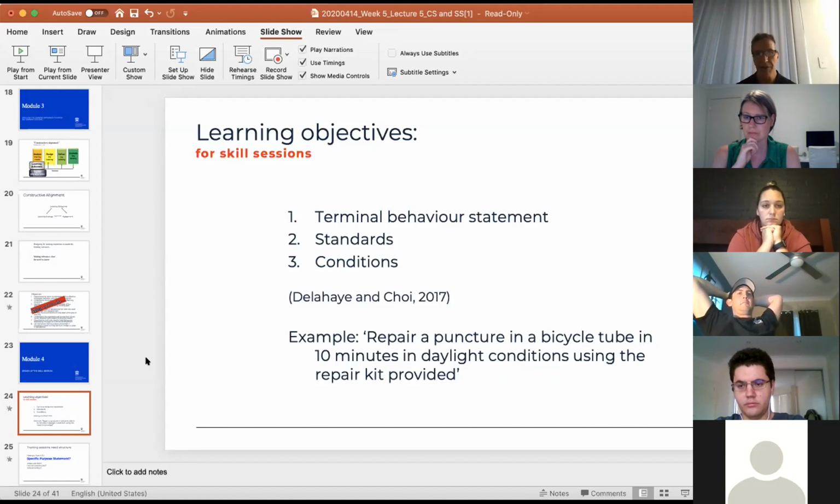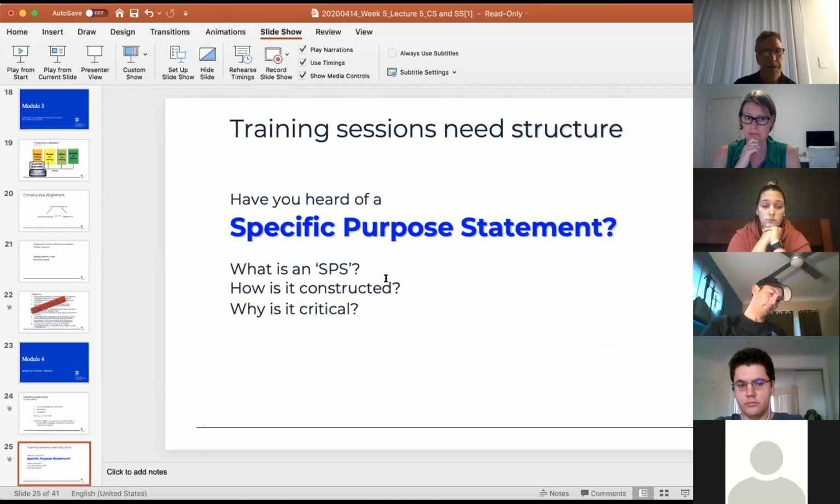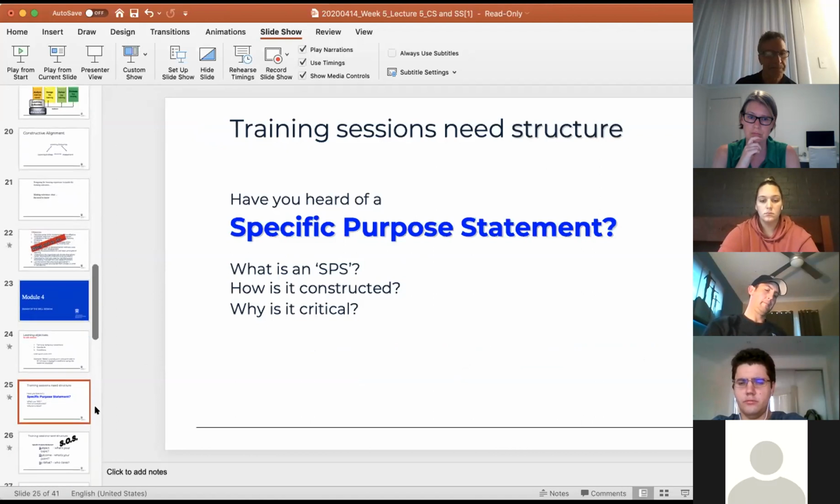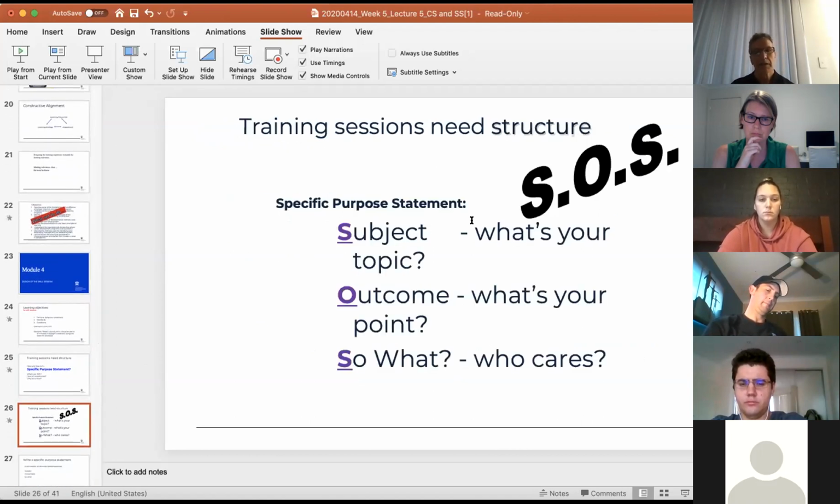Yeah. So it narrows it, it prescribes it a little bit more. Okay. So a specific purpose statement has a subject, what's your topic, an outcome, what's your point, and a so what, who cares.